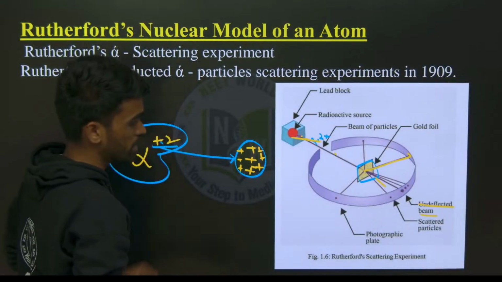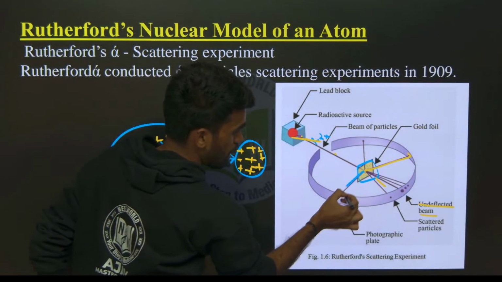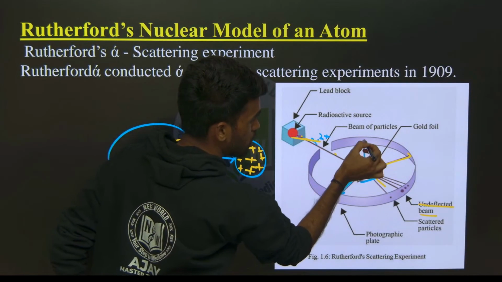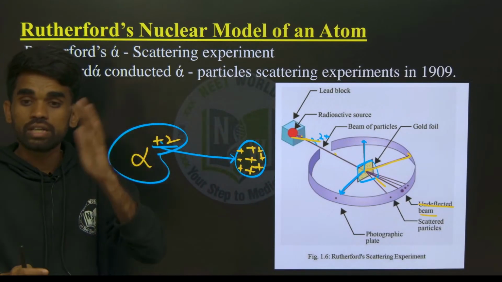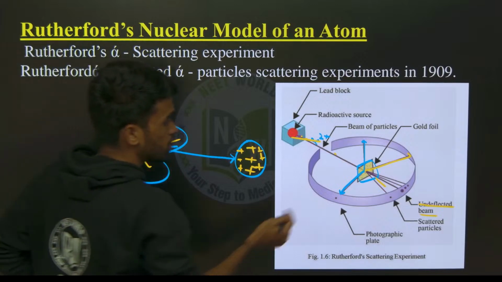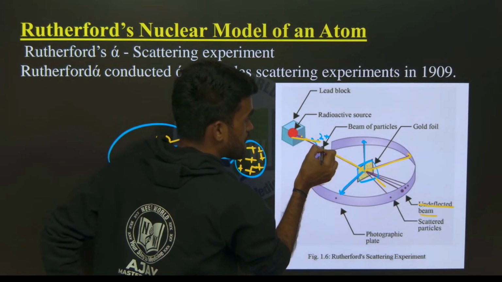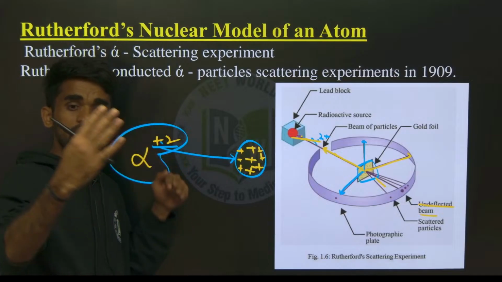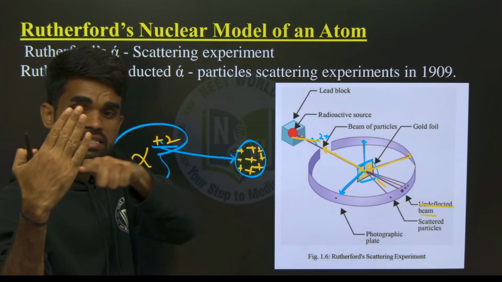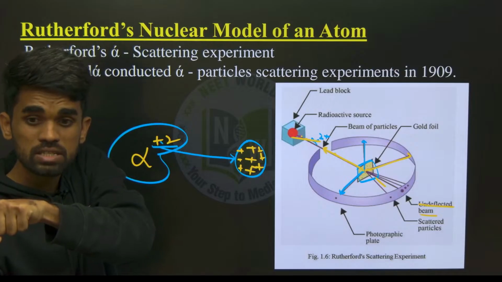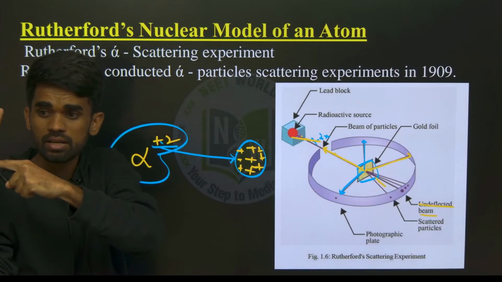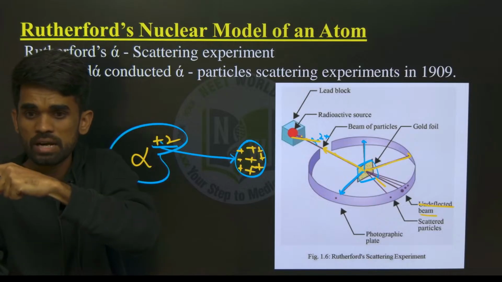But a very small number of particles had some deflection, either with small angles or with large angles, and about 1 in 20,000 particles were observed going back exactly along their original path. It means the alpha particle hit the exact center of the nucleus, and the repulsion is greater because the nucleus contains positive charge and the alpha particle is also positive.